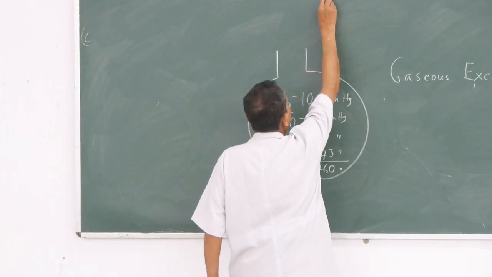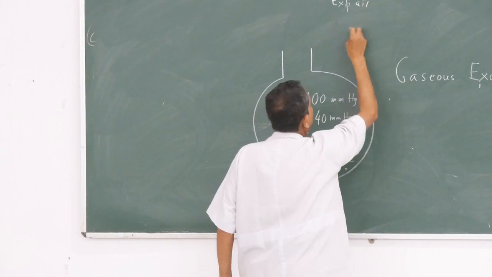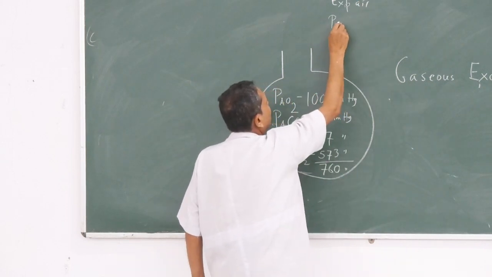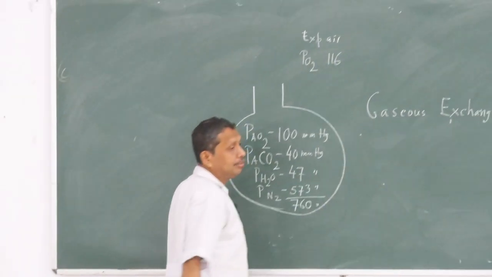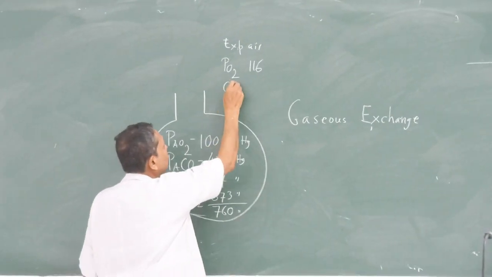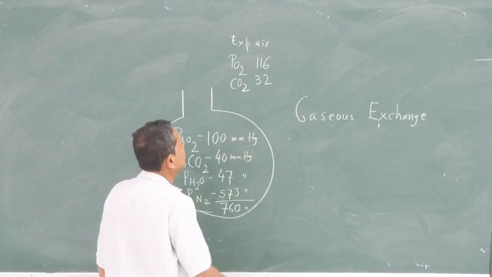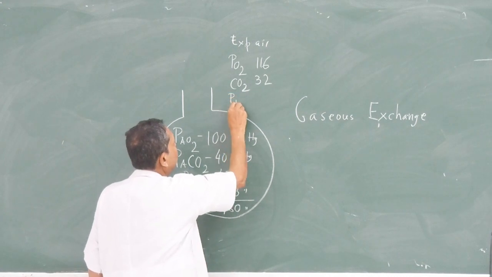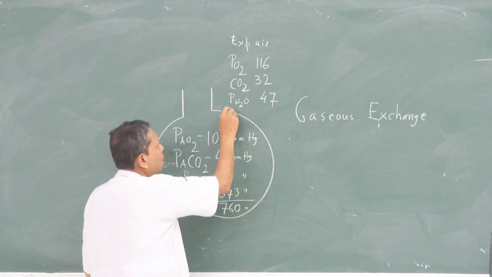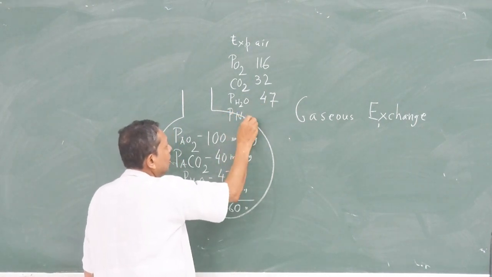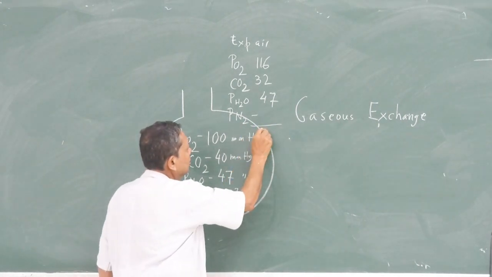Suppose PO2 116 millimeter of mercury, and PCO2 is lower than this. PH2O, you take it is 47, and PN2 you calculate so that it becomes 760.